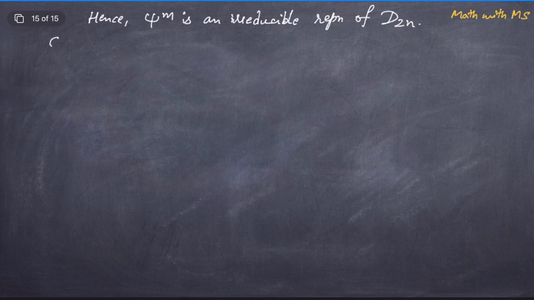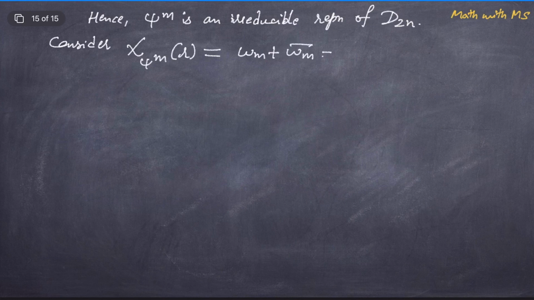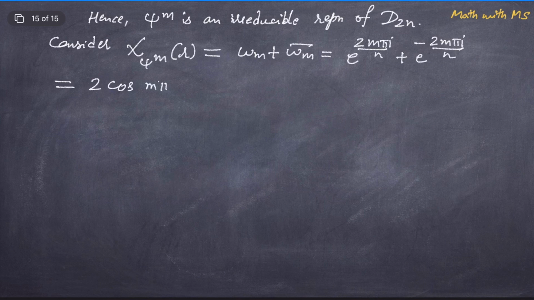Consider chi of psi m evaluated at r. We know that this is the same as omega m plus omega m bar, which is the same as writing the value of the complex exponential. We see that this is the same as 2 times cosine of m pi by k.